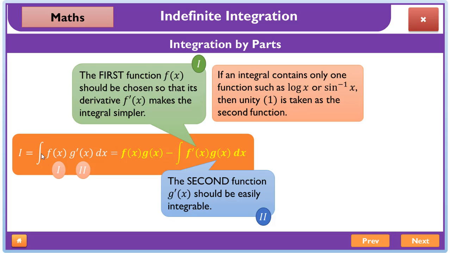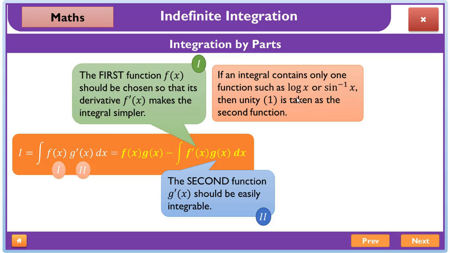So this integral splits into two parts, f of x g of x minus integral of f dash of x g of x dx. This integral should be simpler than this one, so that we can use integration by parts. And remember, the second function we have to integrate, so it must be easily integrable.